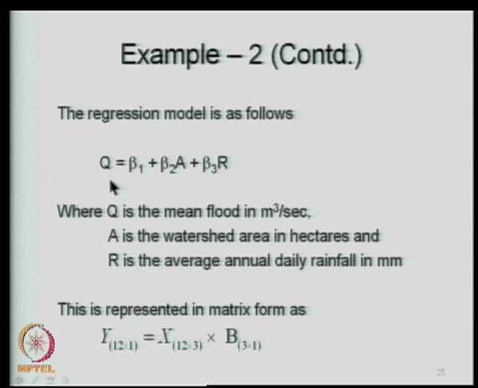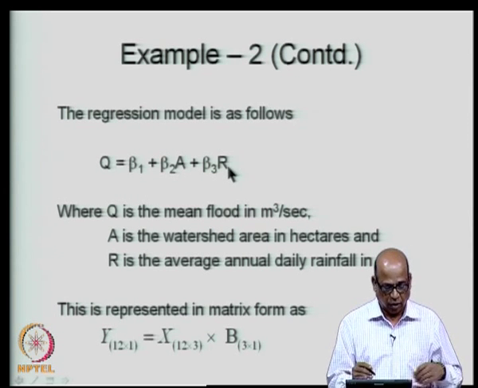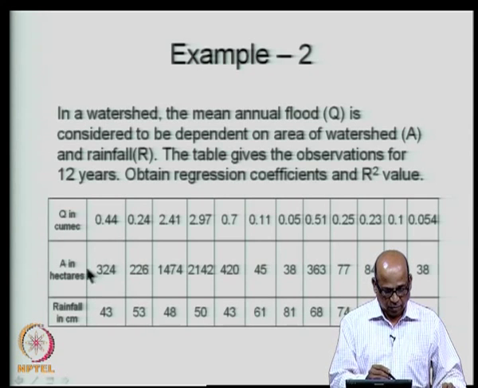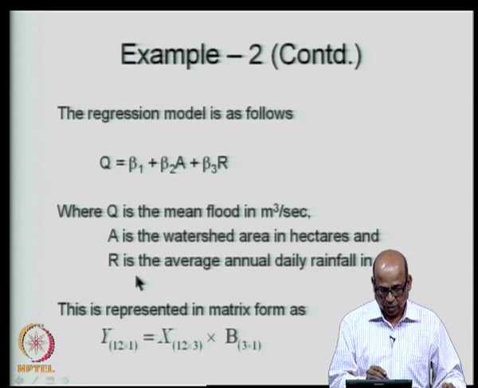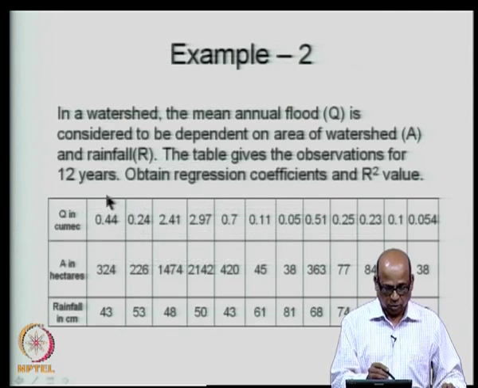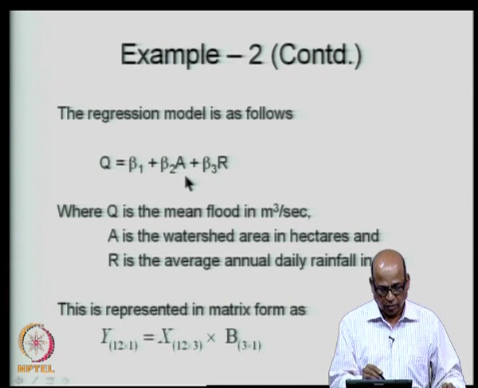So, we formulate the expression q is equal to beta 1 plus beta 2 a plus beta 3 r, where a is my area in hectares and r is the rainfall. I am sorry, q is the discharge, the dependent variable, and a and r are independent variables. So, I will express q as a function of a and r.